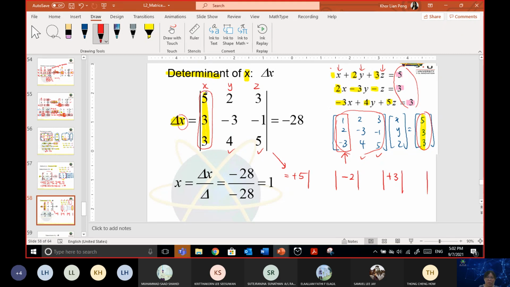Then blocking first row, first column, we have negative 3, 4, negative 1, and 5. Blocking first row, second column, 3, 3, minus 1, and 5. Then followed by the third value of 3. Blocking first row, third column, 3, 3, negative 3, 4.